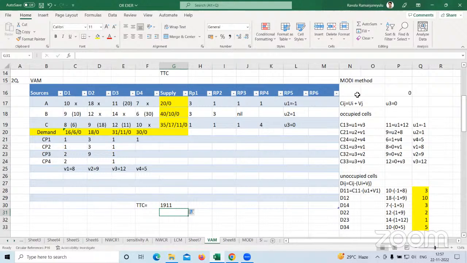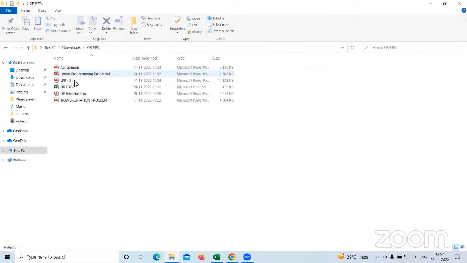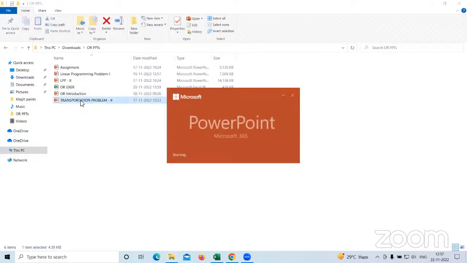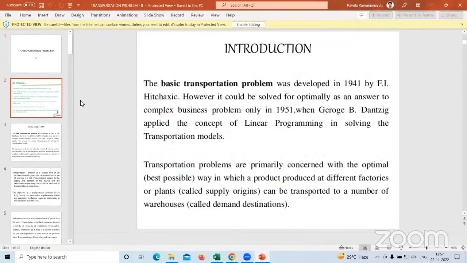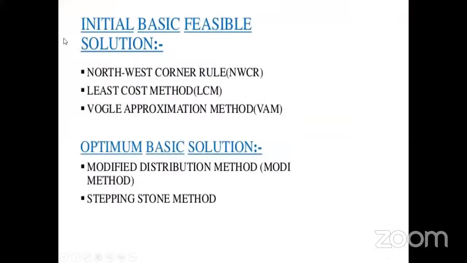Stepping stone method and MODI method are the two methods for finding the optimal solution that we discussed long back in the PPT. Here you can see, I told you the initial basic feasible solution can be found by the northwest corner rule, the least cost method, or the VAM method, Vogel's approximation method.